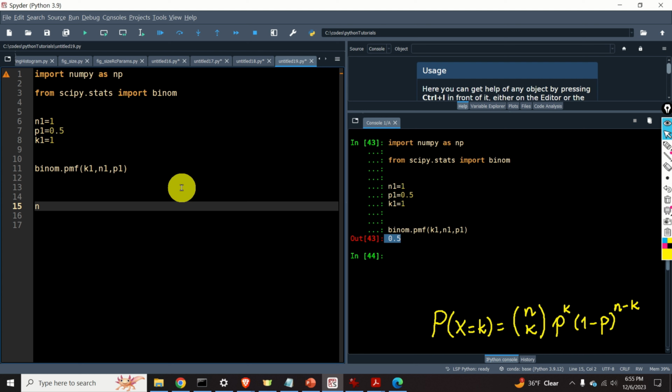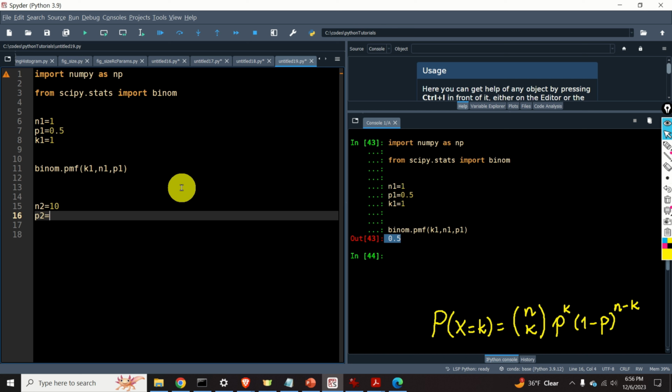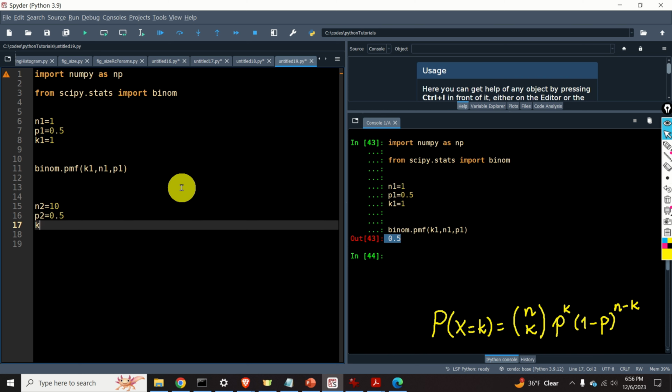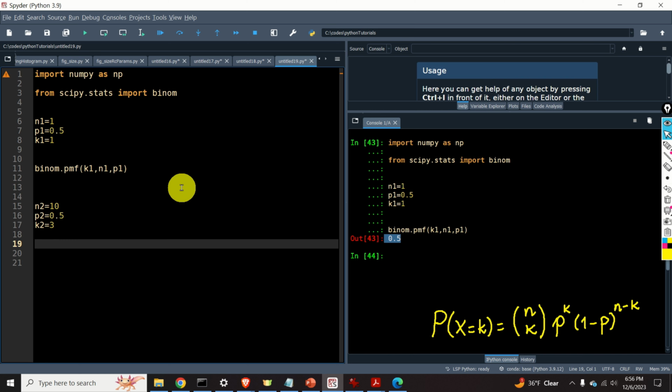Again, N2 is equal to 10, since we have 10 trials in a single experiment. Then, we are tossing a fair coin, so P2 is equal to 0.5, and K2 is equal to 3. Since we are looking into 3 heads in 10 trials, let's compute the probability.